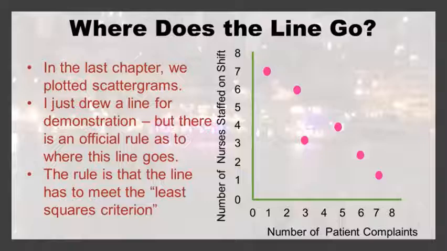But there's an actual official rule that tells us where the line actually goes. This rule is called the least squares criterion. So it's just one criterion that has to be met that will present where the line has to go.